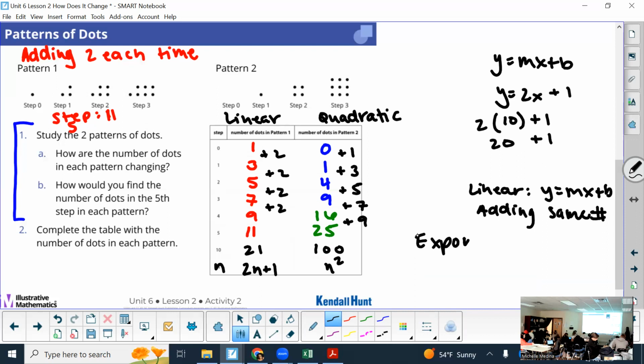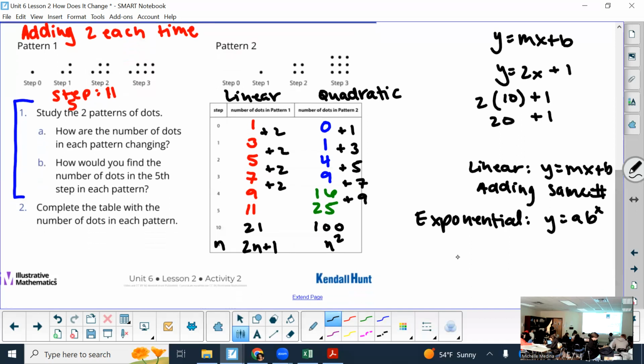Exponential, you guys remember the equation for exponential? ab to the x, actually. And then you can recognize that if it is doing what each time? Good, then you know the equation will be in that format. So multiplying the same number each time.